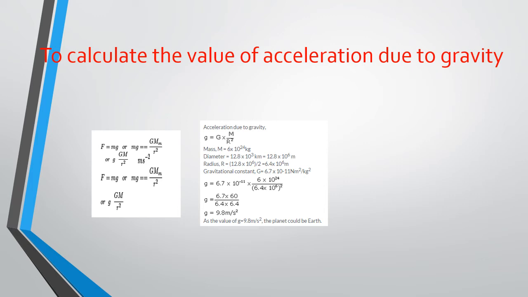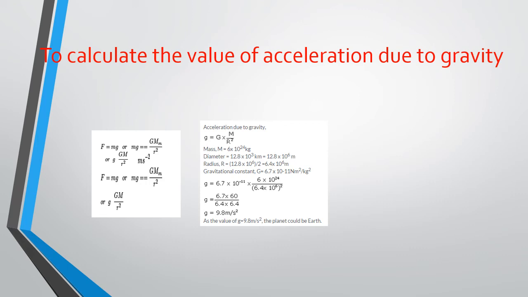Therefore, radius will be 12.8 into 10 to the power of 6 divided by 2. That is equal to 6.4 into 10 to the power of 6 meter. Gravitational constant capital G will be equal to 6.7 into 10 to the power of minus 11 Newton meter square divided by kilogram square.